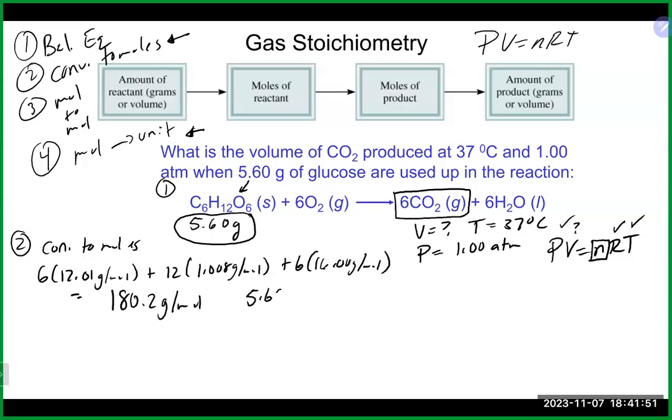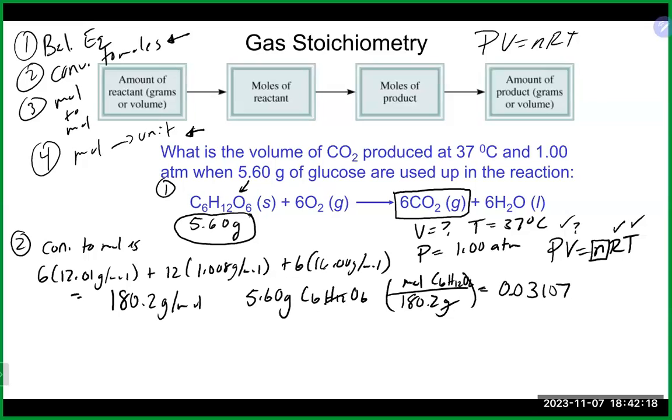Our second step here is like a traditional stoichiometry problem. We're going to take the 5.6 grams of our glucose and use the molar mass from the periodic table to convert that into moles. The grams will cancel here, and that will get us about 0.03108 moles of our glucose.